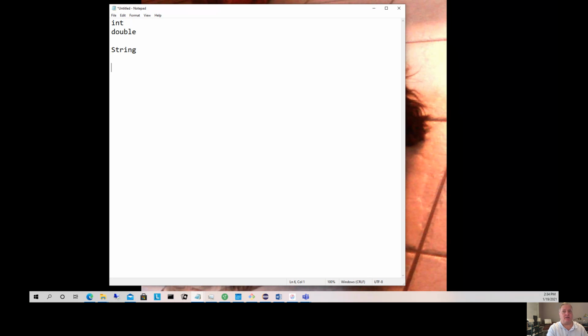For int, there is a corresponding type Integer, and for double, the primitive type, there's a corresponding type Double. You can see the case difference of the first letter. Integer with a capital I, Double with a capital D are reference types. They are objects.